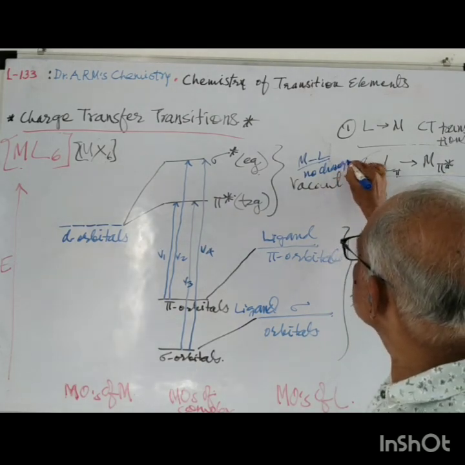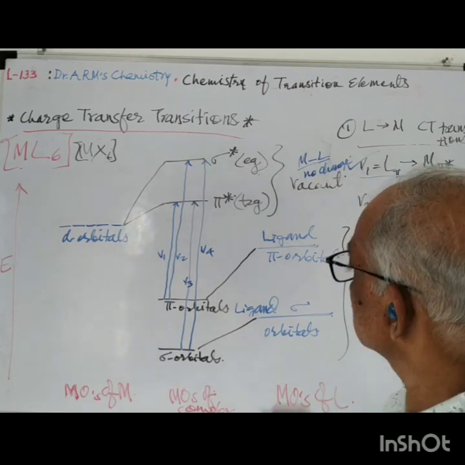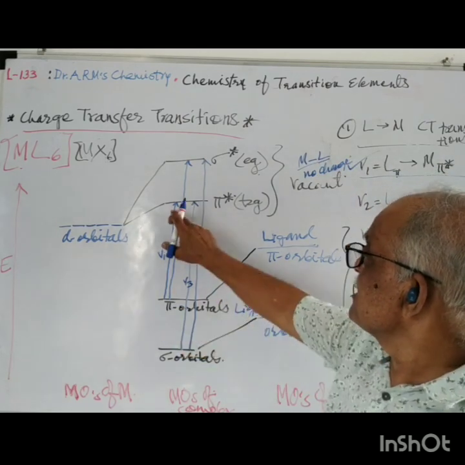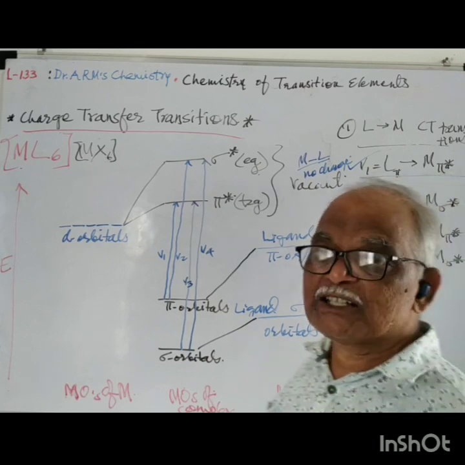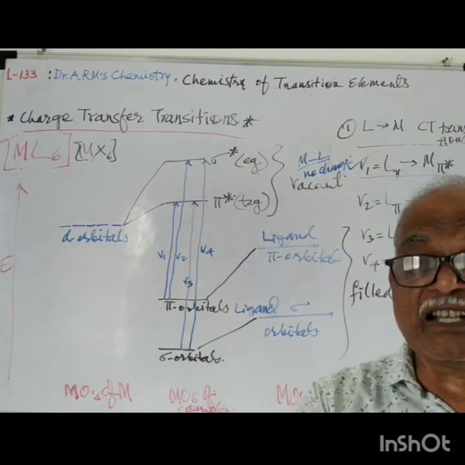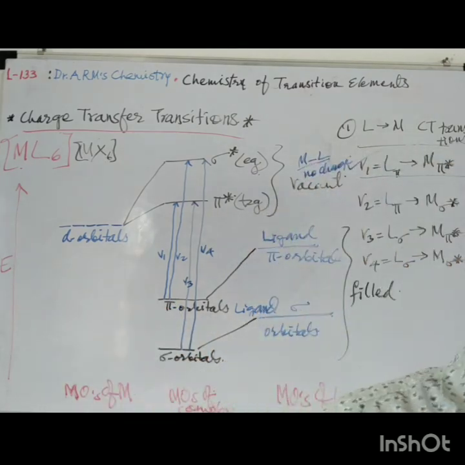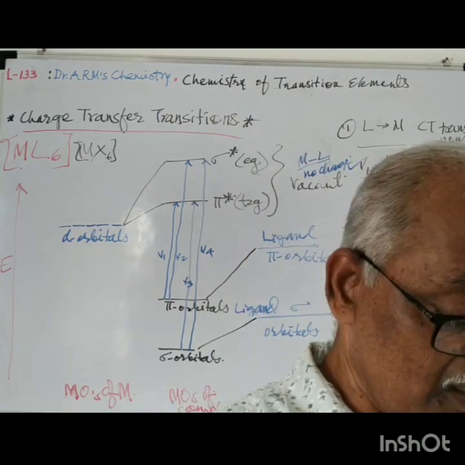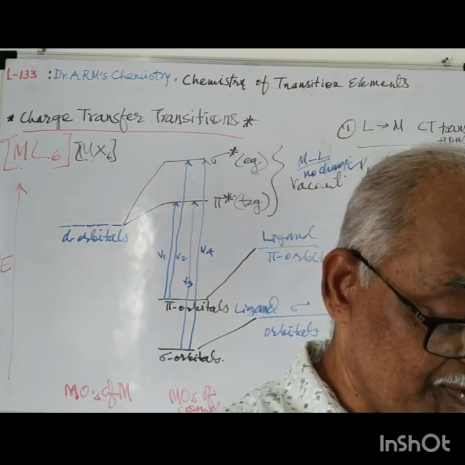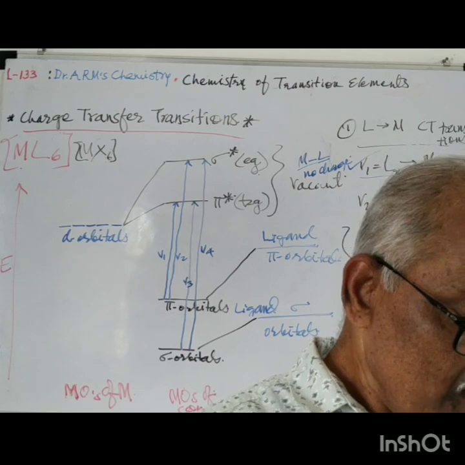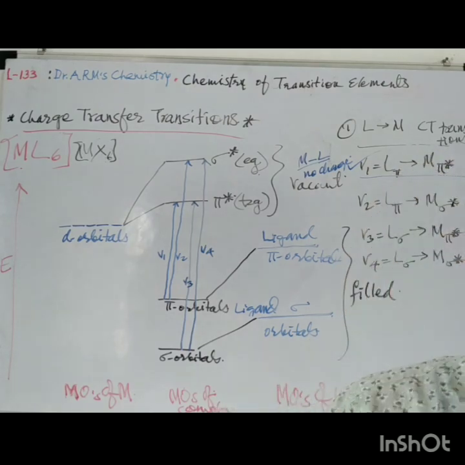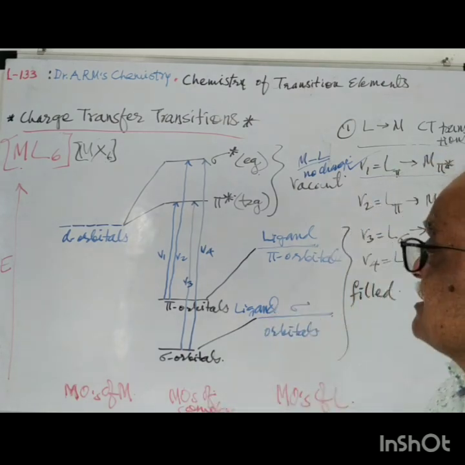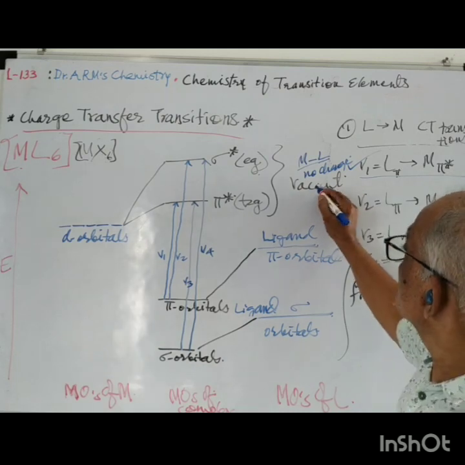No change. The distance will not vary much because these are non-bonding transitions. So the electrons which are present in these are not actually involved in bonding. So it shows no effect on the metal ligand bond distance. These absorption bands arising due to the charge transfer transitions are narrow.